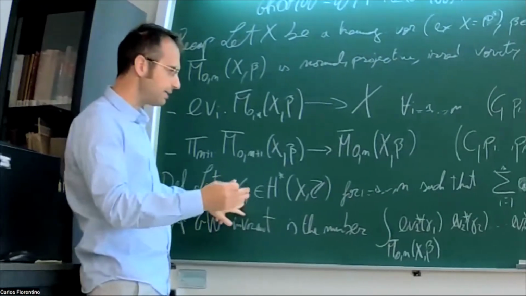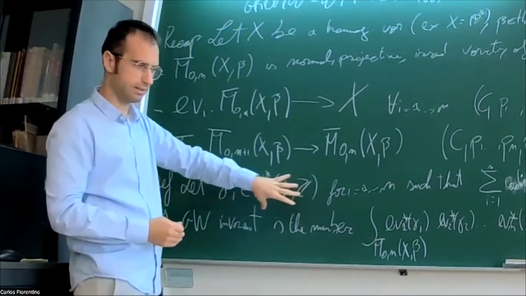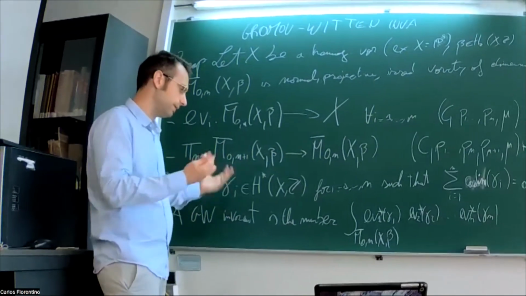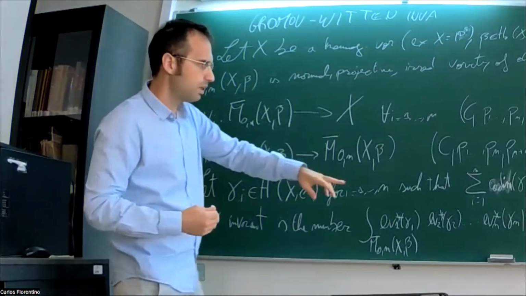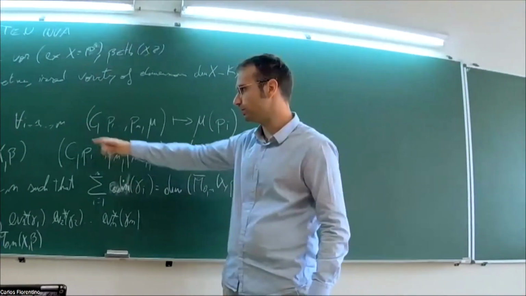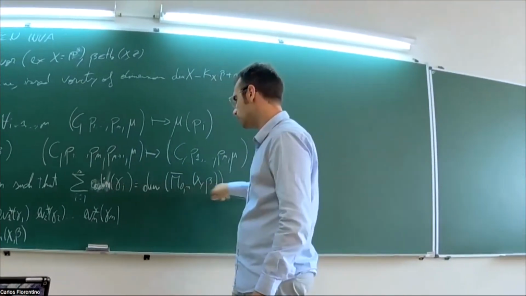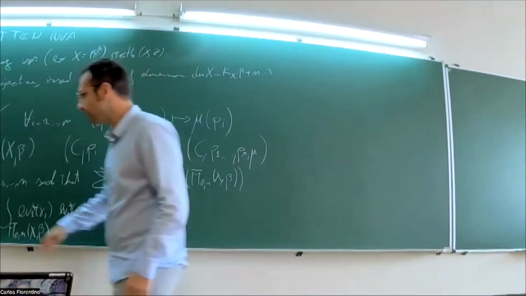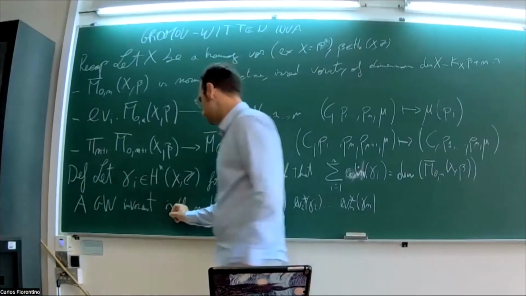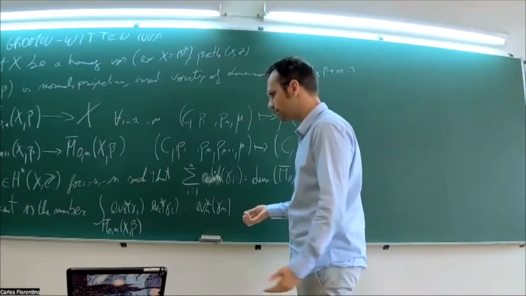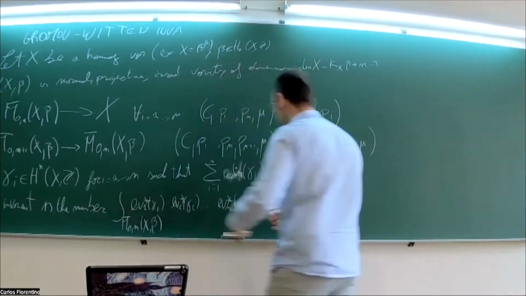So take n elements in this direct sum, so they can be of different codimension. And we impose that the sum of the codimensions of each one is equal to the dimension of the moduli space. Then a Gromov-Witten invariant is this number that basically is the degree of this.